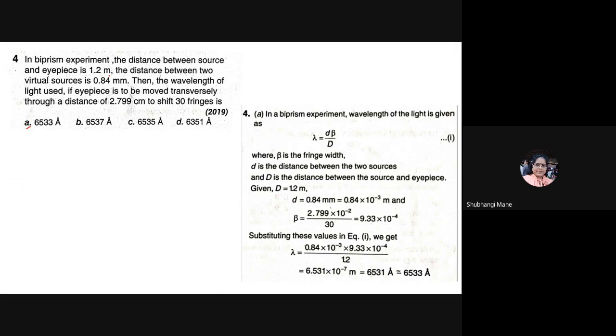Yes, the distance between source and eyepiece is 1.2 meter. Means capital D equals 1.2 meter. The distance between two virtual sources is 0.84 millimeter.